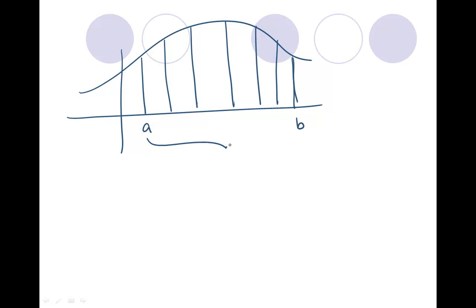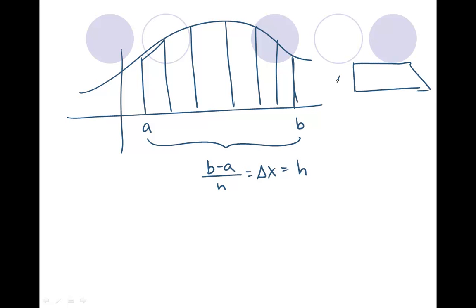Let's look at this for a moment with our original explanation. If this is A and this is B, and we divide this into n divisions, then each division will be B minus A divided by n, and that's going to be my delta x, which we said before, if we take one of these trapezoids and lay it the way we're used to seeing a trapezoid, that delta x is the same as our h.